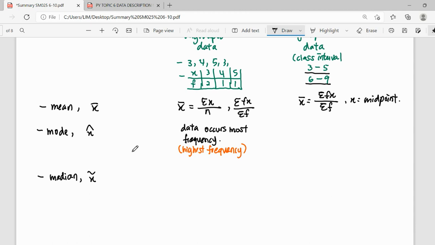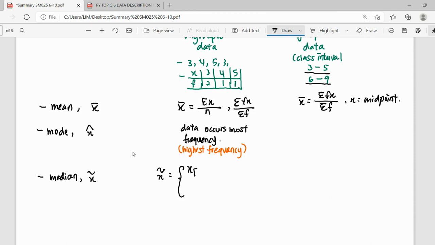I remind you, don't use the method saying odd number, how to calculate, even number, how to calculate. It will be a wrong concept, because in your syllabus, median is calculated using a method like quartile and percentile. What they want you to do is understand the formula like this.